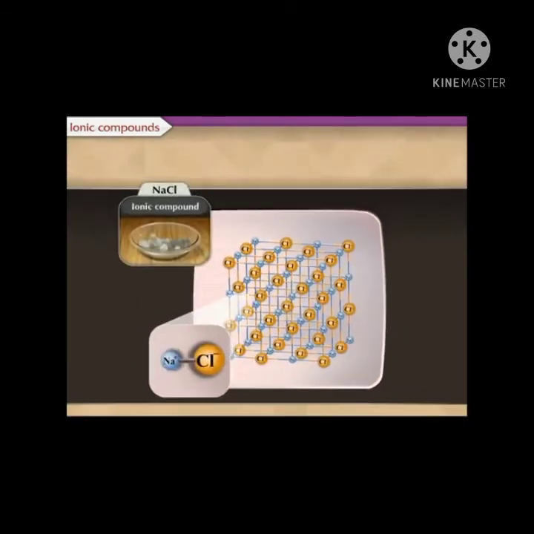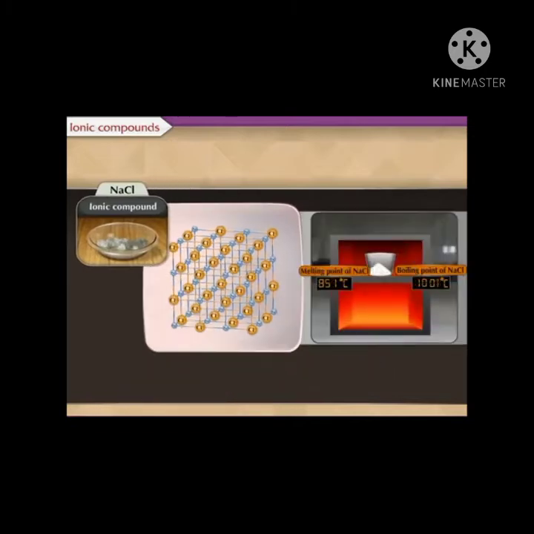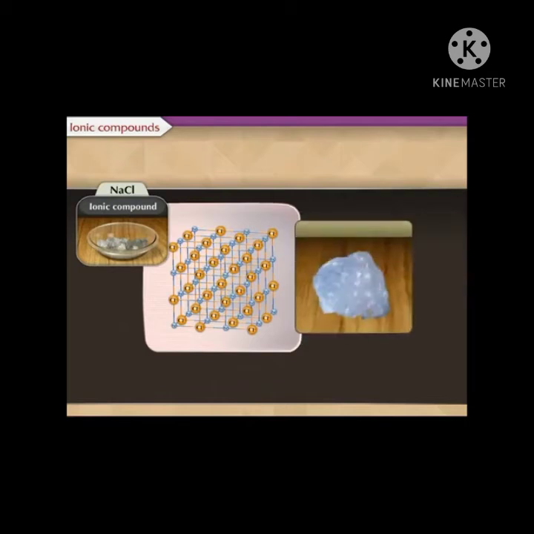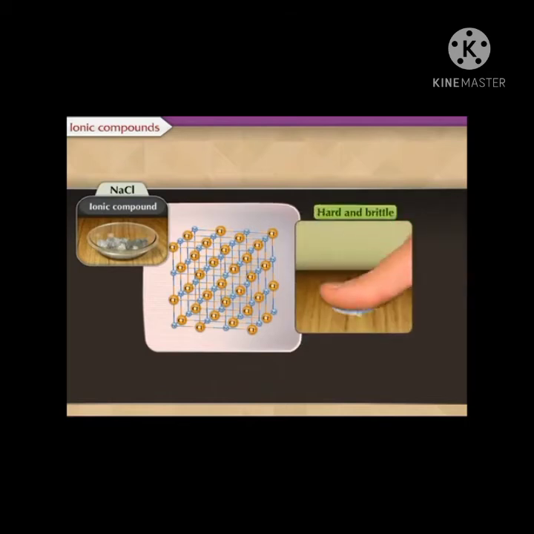Since there is a strong electrostatic force of attraction between the oppositely charged ions, crystalline solids have high melting and boiling points, and they are also hard and brittle.